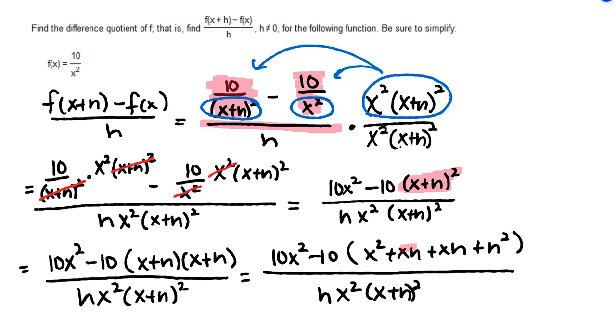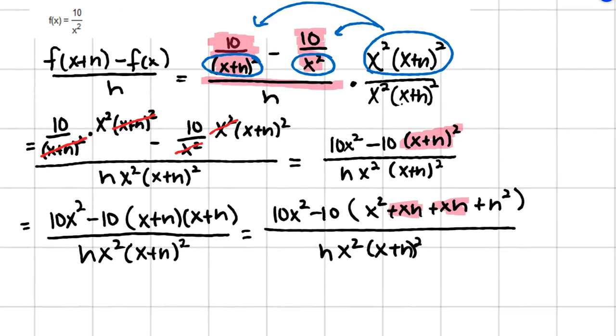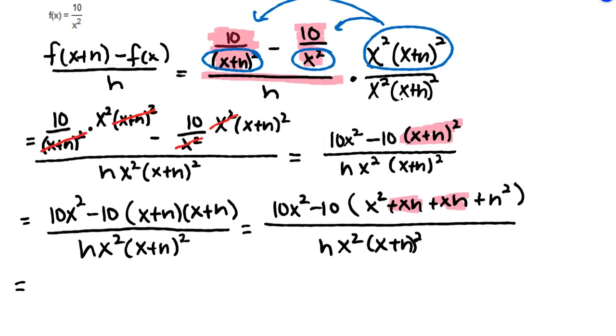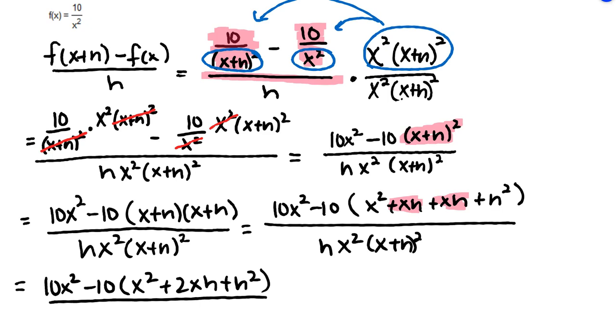And I can combine these like terms together, which would give me 10x squared minus 10 times (x squared plus 2xh plus h squared) over that denominator.